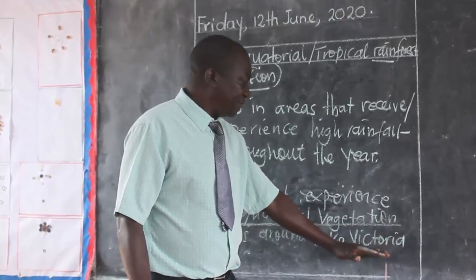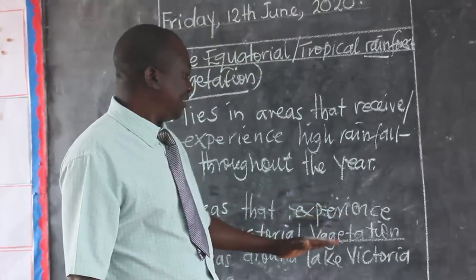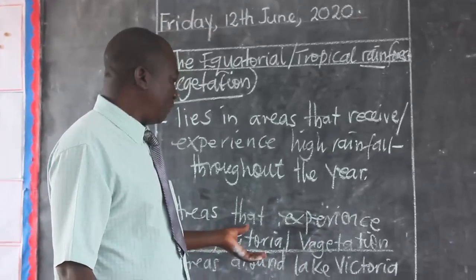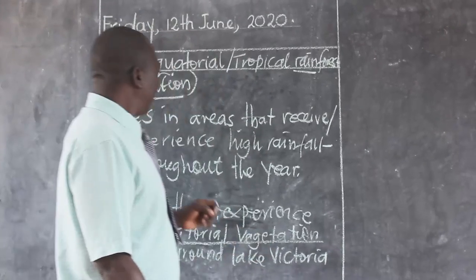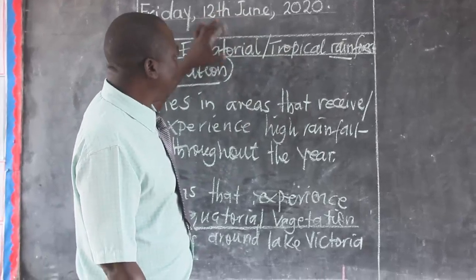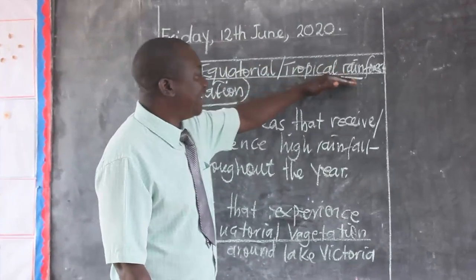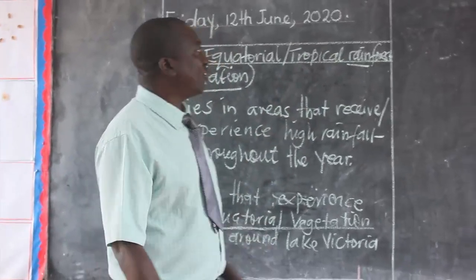So this rainfall received around this area of ours in Uganda helps in the existence of the equatorial or the tropical rainforest, because this zone has very many thick or dense forests that are growing.